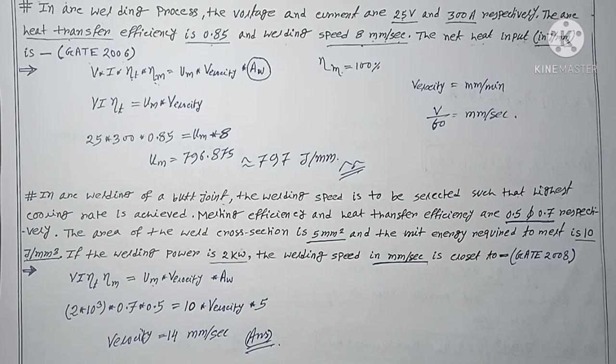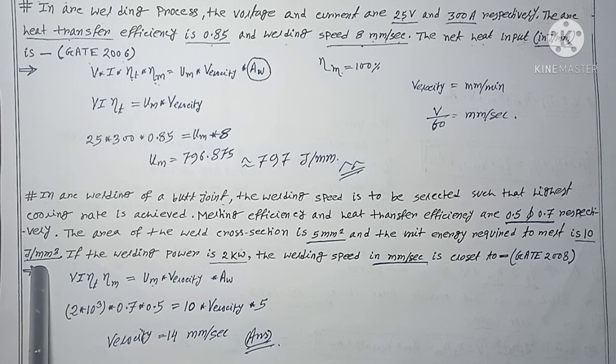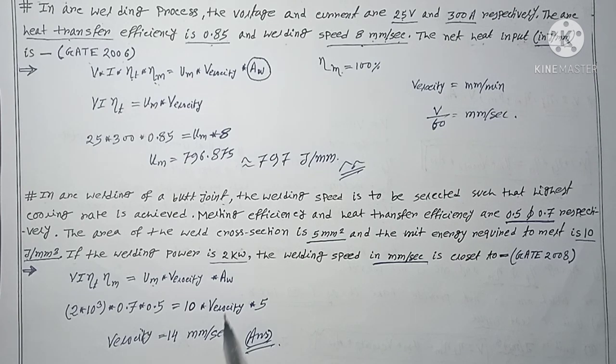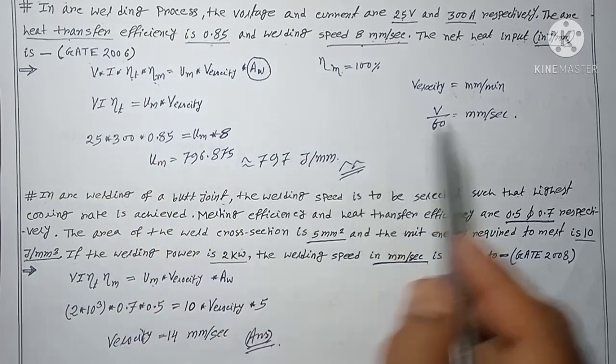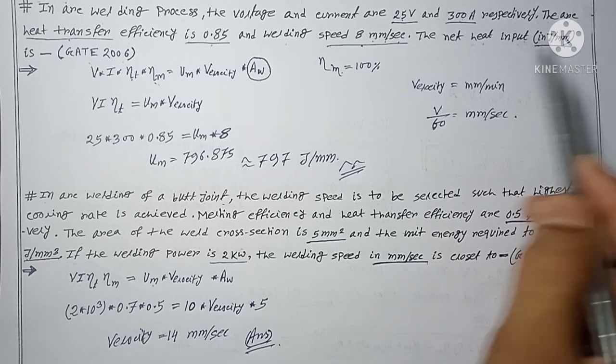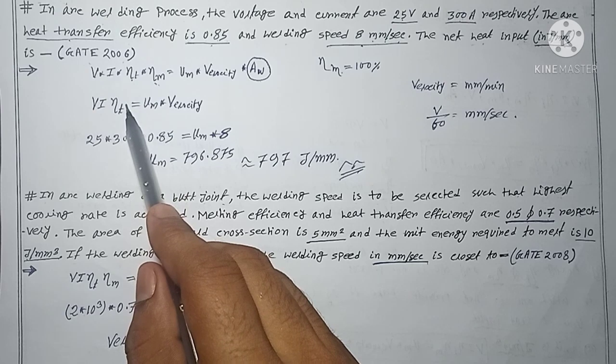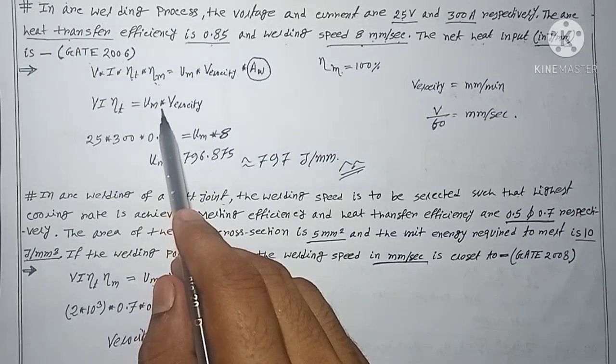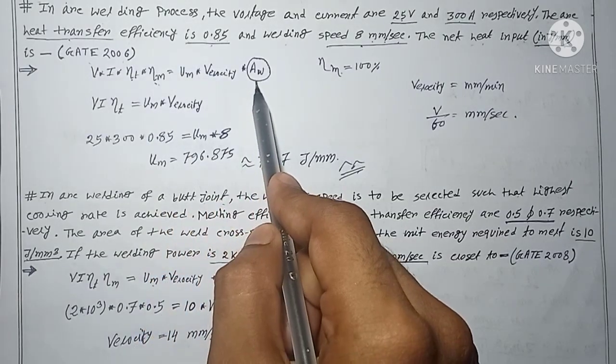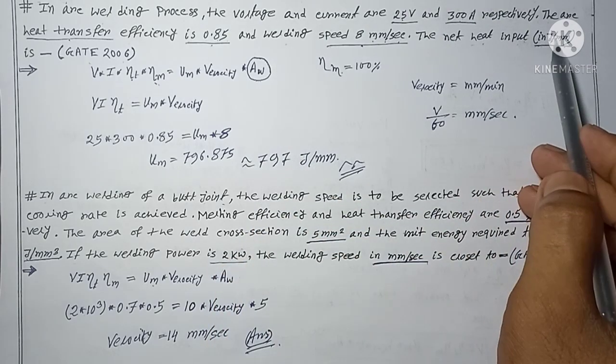So you have got the idea of which kind of question they ask. Here everything is given, and they simply ask for the velocity. The unit of heat input is joule per mm cube, so we consider the weld area here. But in the previous question, the unit is joule per mm, and also the melting efficiency is not given. So we do not consider the melting efficiency, and we also do not consider the weld cross section area because the unit is joule per mm.